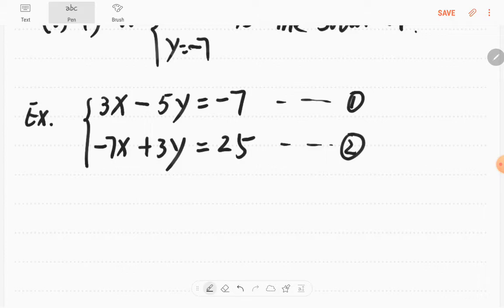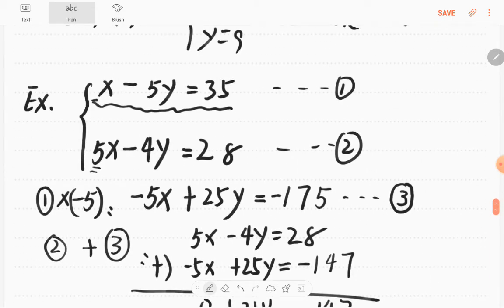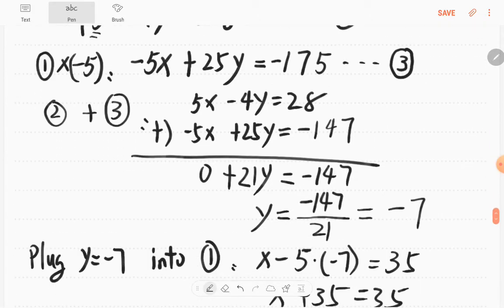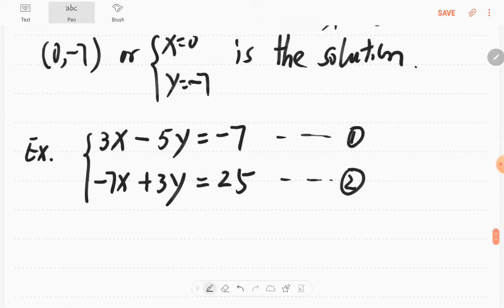You see that this is unlike the previous one. In the previous one, we just multiplied one equation by a constant, then added the other equation, and you could eliminate a variable, right? But here, you cannot do that.